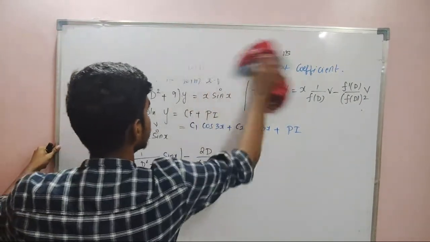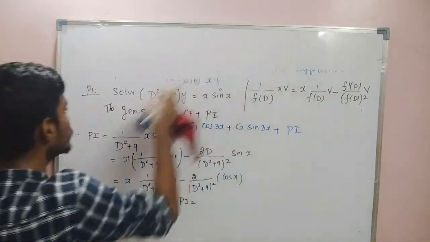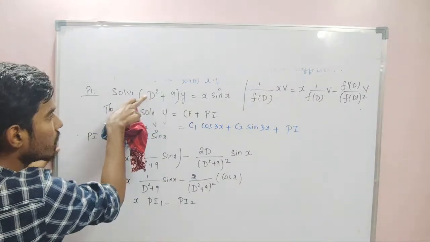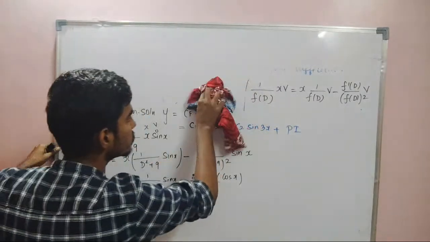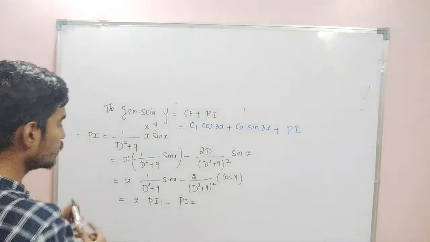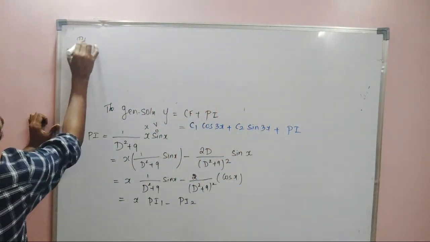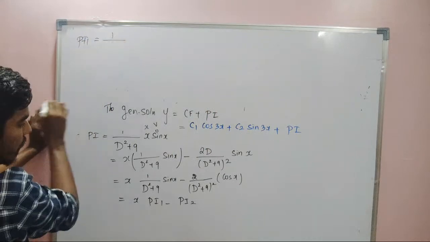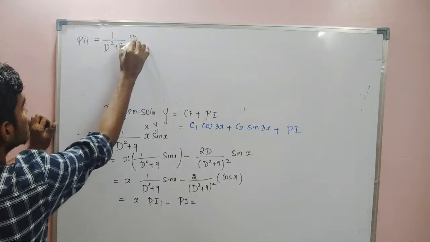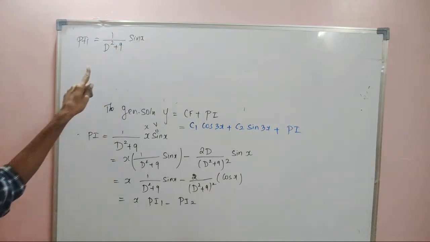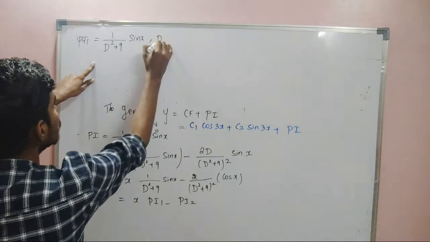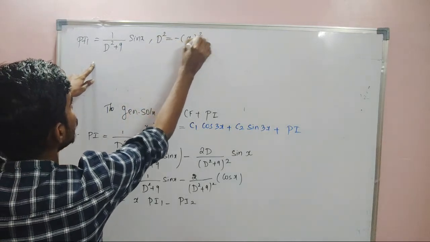So we are solving a second and higher order differential equation with constant coefficients, that is we can see D square, and the coefficient is 1, which is constant. So what is PI1? PI1 is 1 by D square plus 9 into sin x. So this is type 2 now. How will we solve type 2? We will replace D square with minus a square.